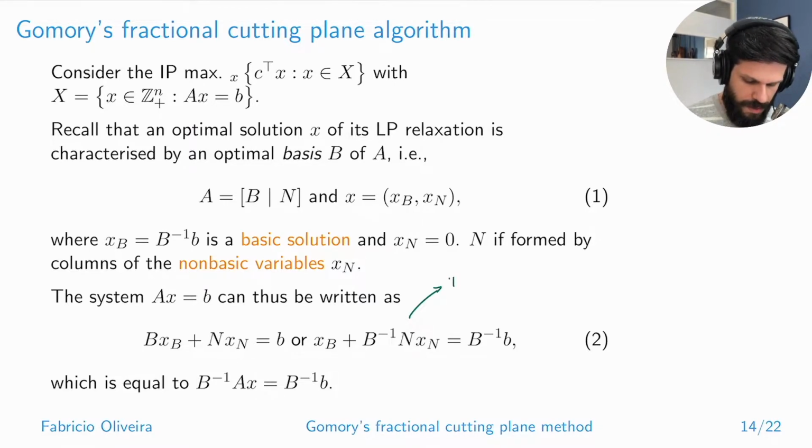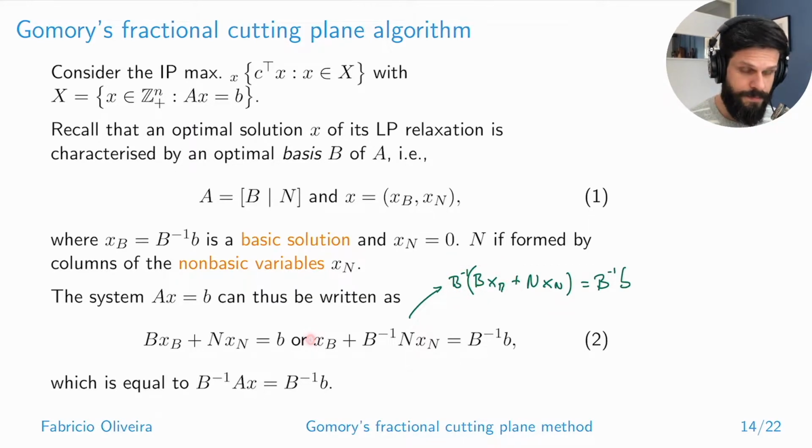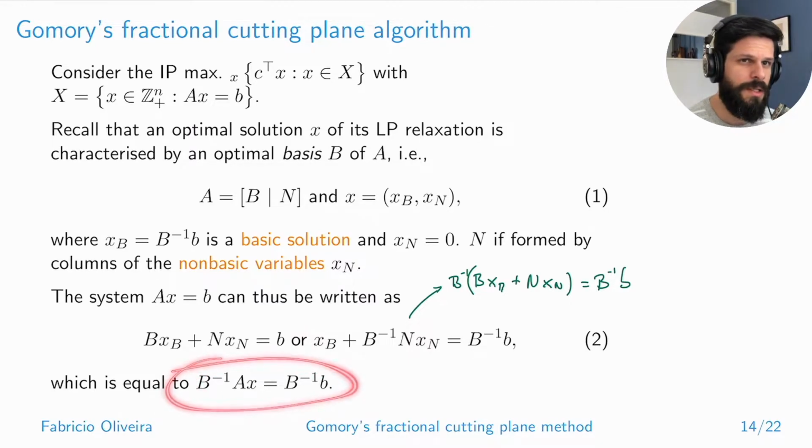This would be B inverse pre-multiplying BXB plus NXN equals B inverse pre-multiplying b. And when you distribute this, these two terms become the identity. But I can backtrack and have something like this. And this is what you see in the tableau form that we showed before.